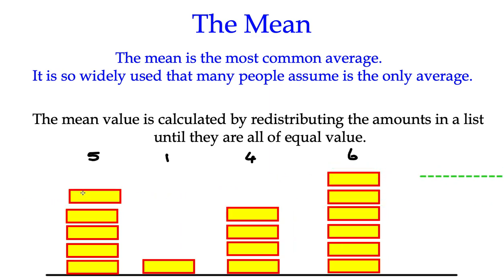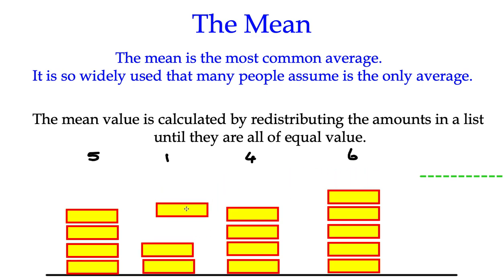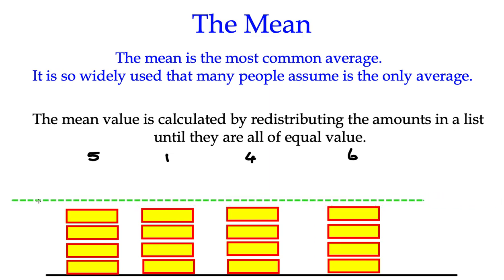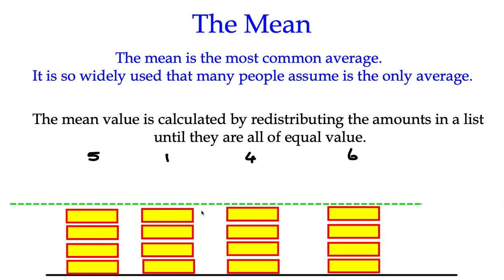If we can give to one that's low, we keep doing so. So we borrow from the high ones until the low ones are filled in a bit. We can see it's not quite right, and we continue until they all have the same value. That's us redistributing the amounts, and we can see that that's 4 high, and that's why the mean is 4.